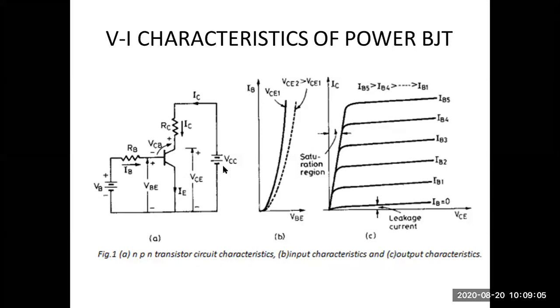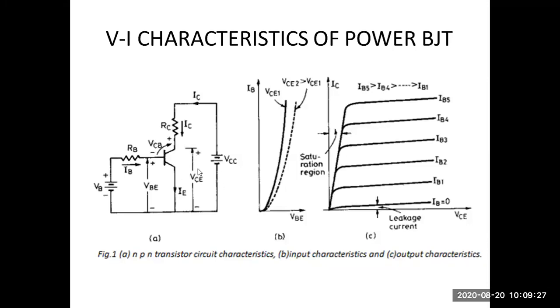Initially, if you want to test the performance of this BJT, apply the voltage. If I keep on increasing the base emitter voltage, the base current also rises, and VC is fixed.